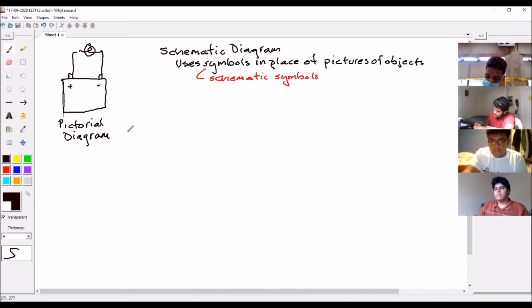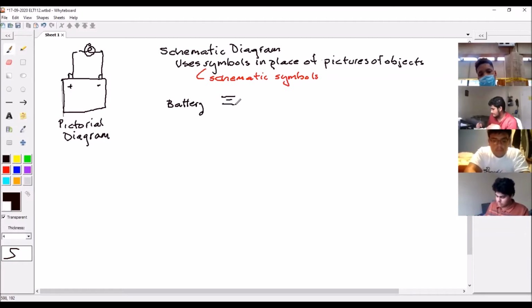All right, and very quickly, let's go through some of the schematic symbols. We already used one in our little diagram over here. If I have a battery, the schematic symbol for that is going to be a short line, a long line, a short line, a long line, a short line, and look something like that.